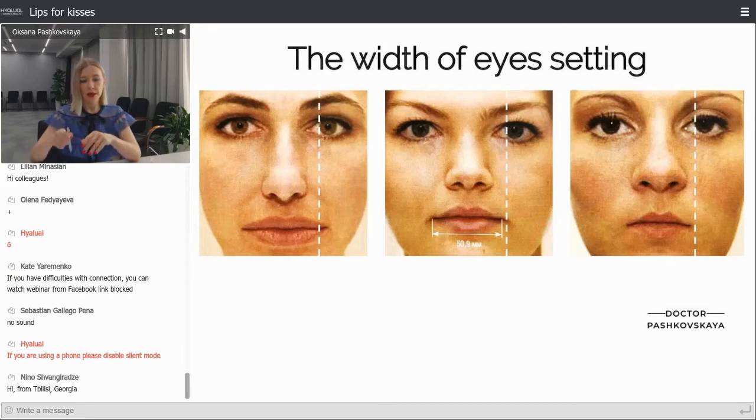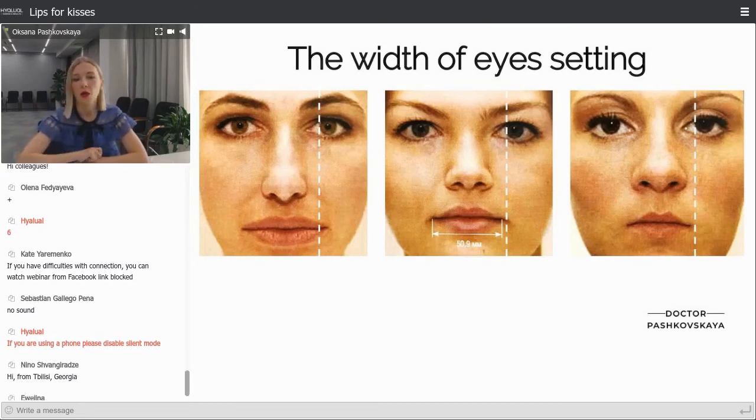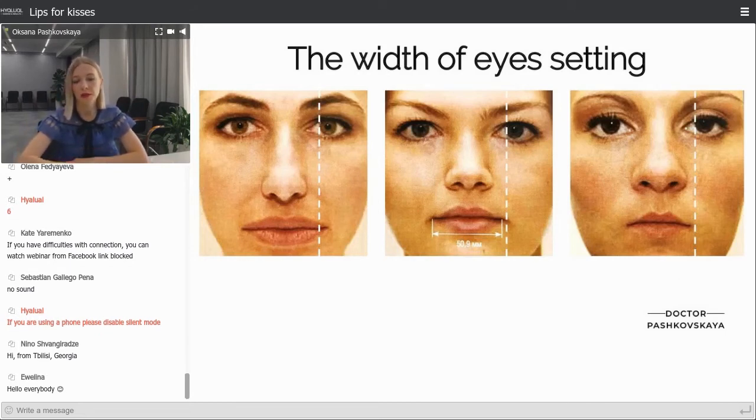Look, if we draw a line through the lateral iris border and extend it to the mouth, and we get that the corners of the mouth are behind our line, it's close-set eyes, and we should be careful with additional volume in such a case, because it would be unharmonic, and the additional volume may really lead to a duck lips effect.